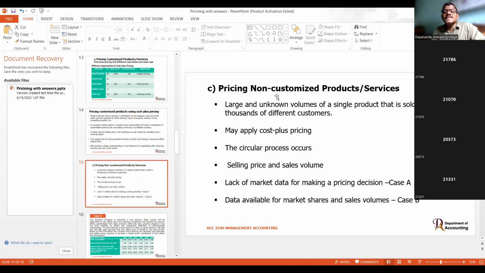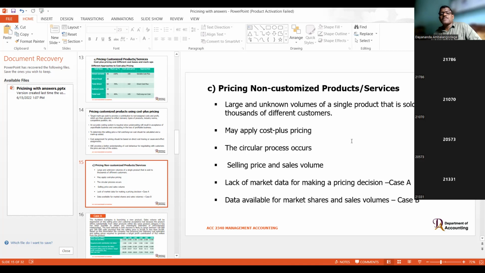Then, coming back to pricing non-customized products and services: large and unknown volumes of a single product that is sold to thousands of different customers. If the product is non-customized, you have a very large market and a large number of customers.